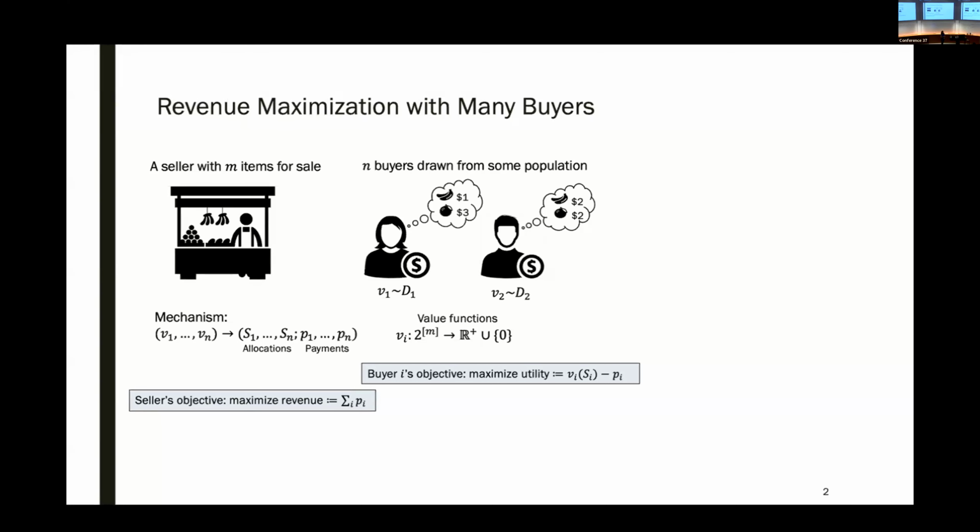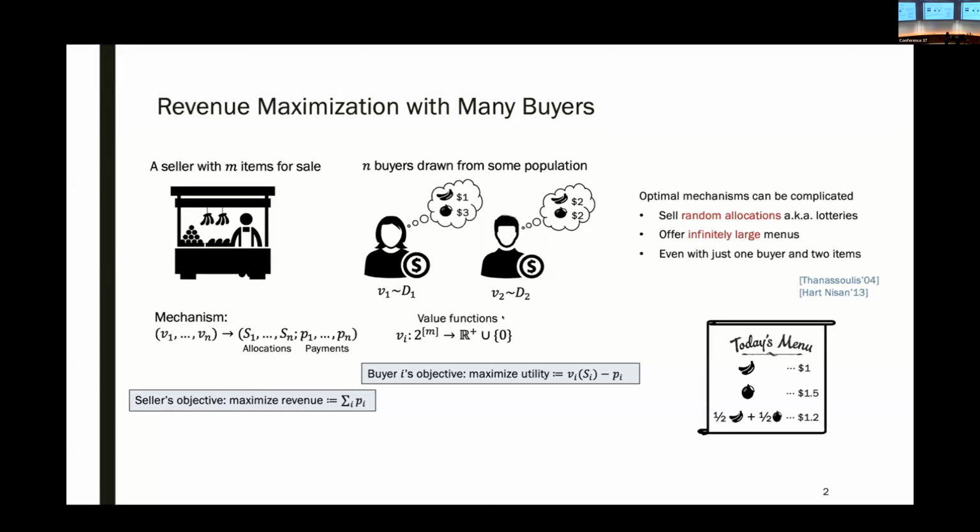The input is this set of distributions. We get one for each buyer, and we want to come up with a mechanism that maximizes the seller's revenue. Now, this is known to be a notoriously challenging problem, and it's already challenging when you have just a single buyer and just two items to sell.